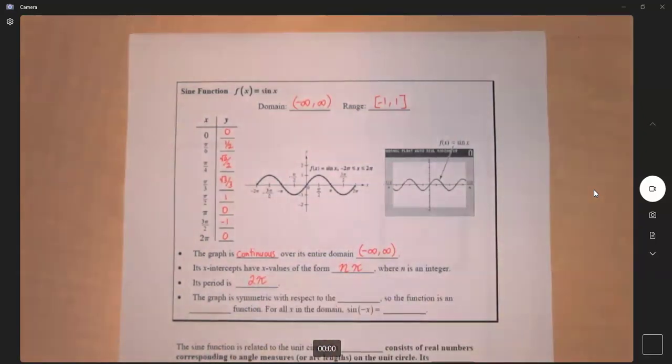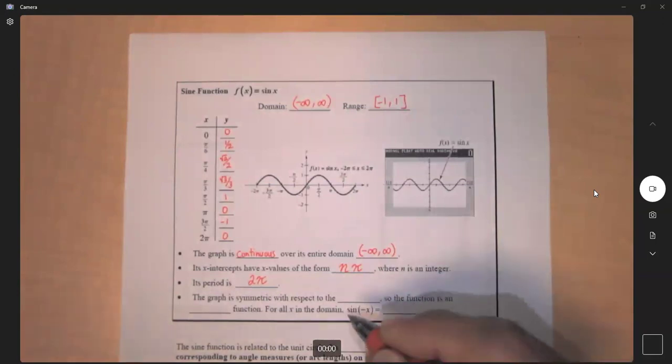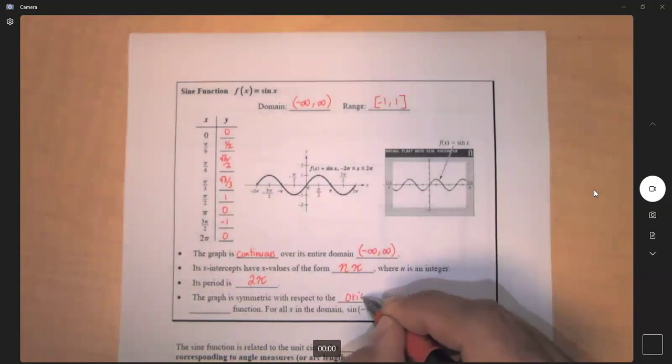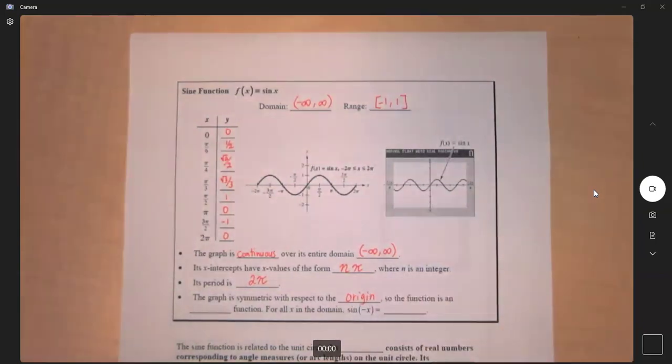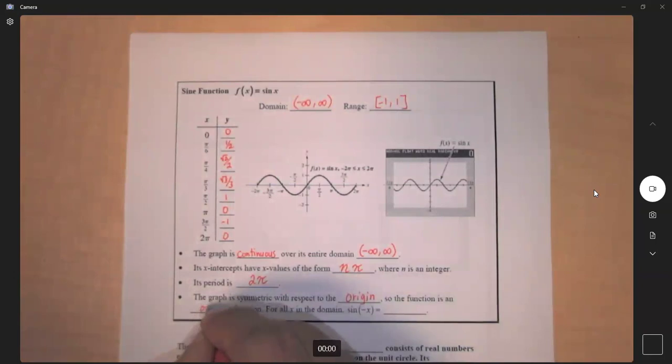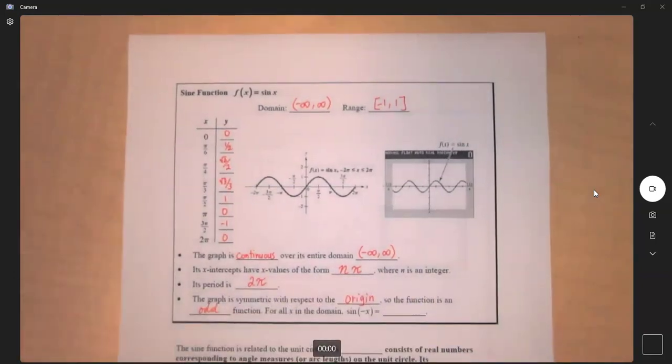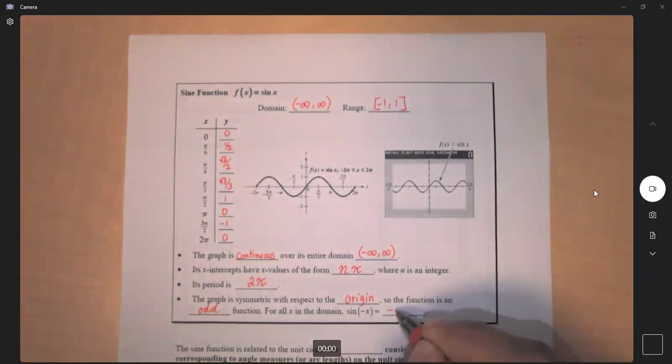The graph, this sine graph, is symmetric with respect to the origin. So any graph that's symmetric with respect to the origin is called an odd function. And that means that for all x in the domain, the sine of -x will equal the negative sine of x.